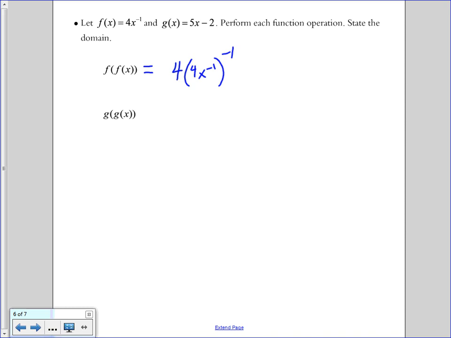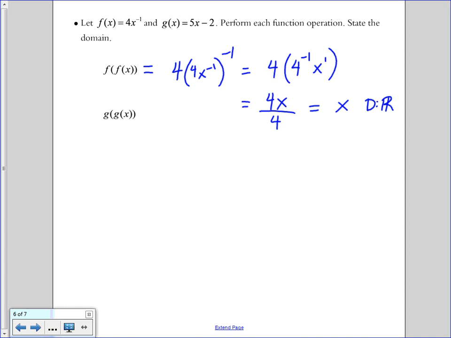What this amounts to is if we distributed that -1 inside, 4 to the -1 to x to the +1, which means that the 4 that's out front and the x can stay on the top. This 4 goes to the bottom, and then it ends up just equaling x. And there's no domain restriction on that, so the domain is just all real numbers.